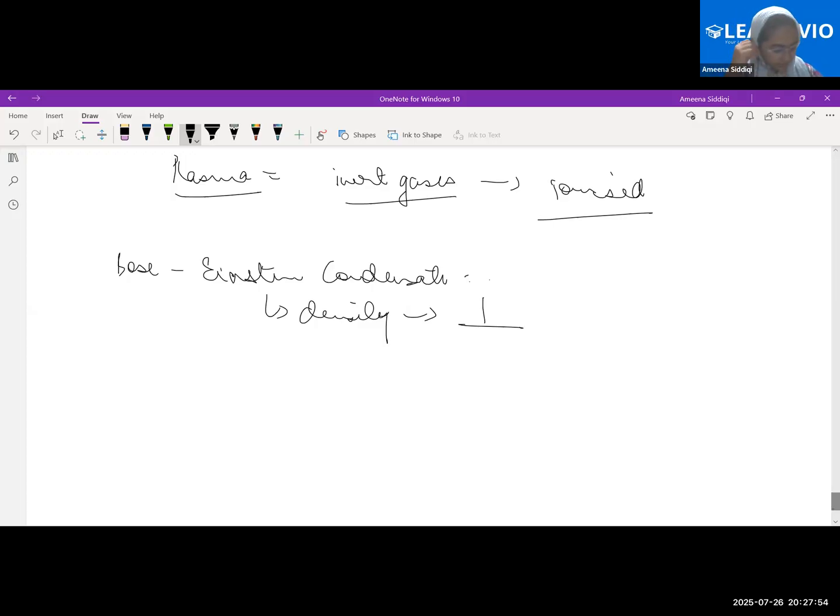Let me repeat: the density in this state is decreased to 1/100,000 of the density of air.